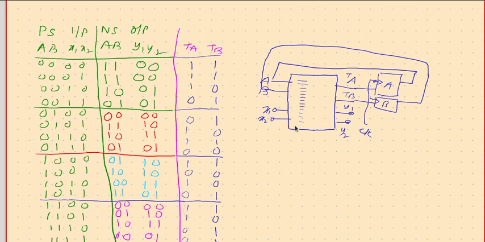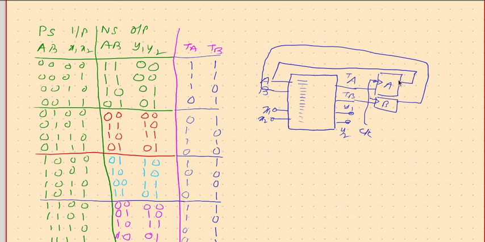So these two are inputs, these two are outputs. When you begin the experiment, assume that A, B, x1, x0 are 0000. In that case, TA will be 1, TB will be 1, and y1 will be 0, y2 will be 0.